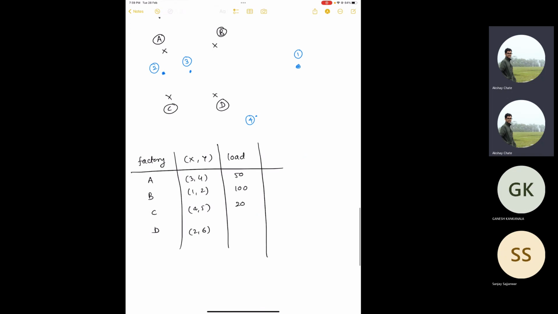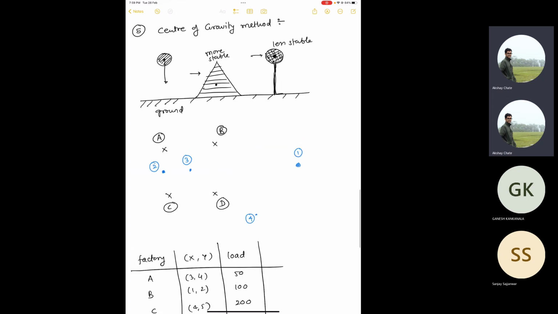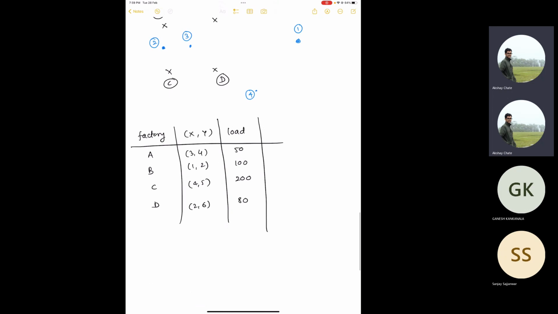Correct. So now there is a scientific way of doing it, which is similar to calculating the center of gravity of a body, and therefore the name of this method is center of gravity method. In it, you just use a simple formula.